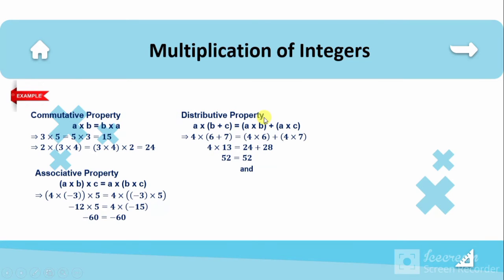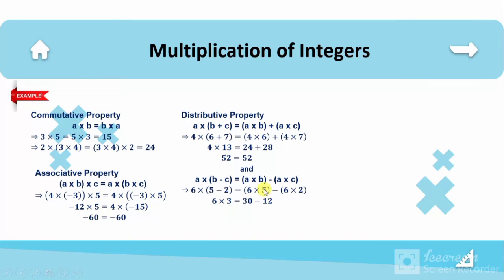And next, with subtraction. 6 times (5 minus 2) is equal to (6 times 5) minus (6 times 2). In this area, its result is 6 times 3. And in this area, its result is 30 minus 12.